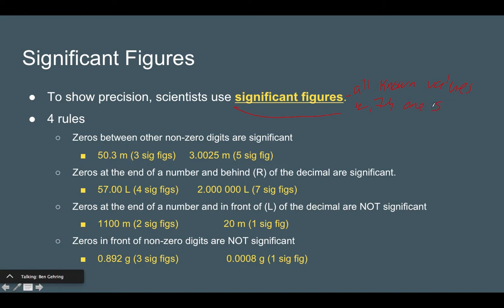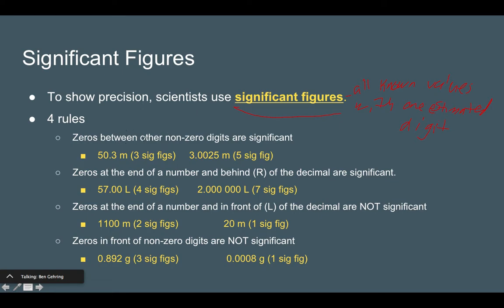All known values with one estimated digit. And that's for reading. That's for getting a reading with sig figs. When we use them in calculations, we have 4 rules for how we use significant figures to make sure that our answers still reflect those numbers that we know and estimate.